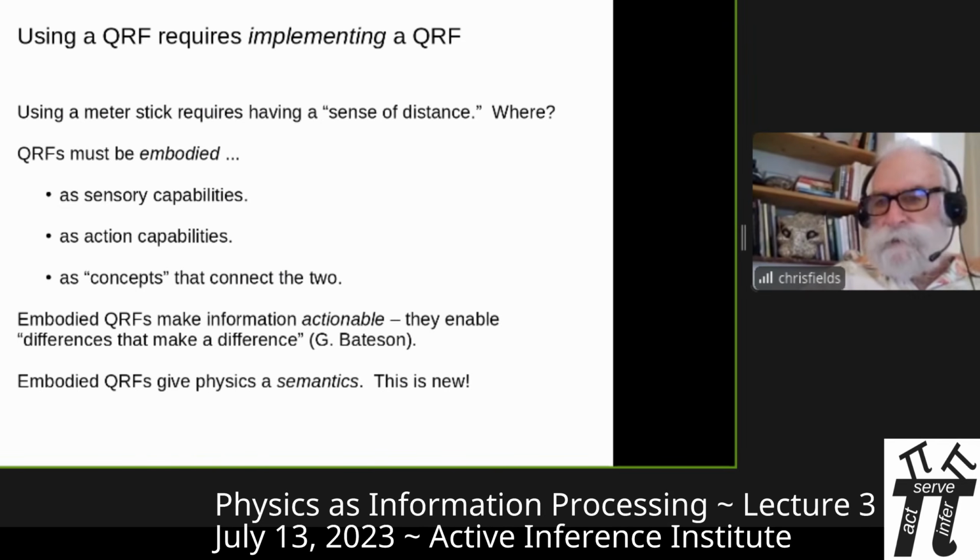So this idea that we all contain embodied reference frames gives physics a semantics by giving observers a semantics. And this is new. This is an idea that never really appeared in physics before, that measurements automatically had to have some kind of semantics. But reference frames give semantics to measurements.